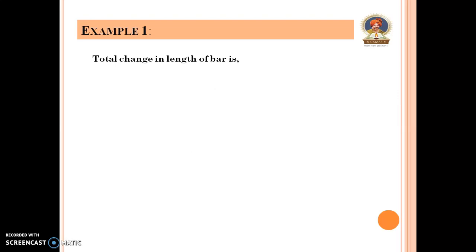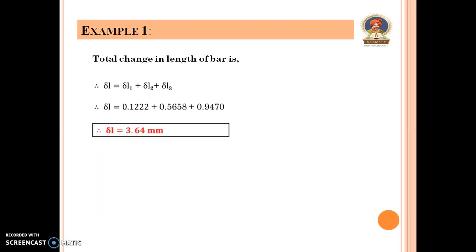Now the total change in length of the bar. Delta L is equal to delta L1 plus delta L2 plus delta L3. Put all these values in this equation. So the equation becomes delta L is equal to 0.1222 plus 0.5658 plus 0.9470.